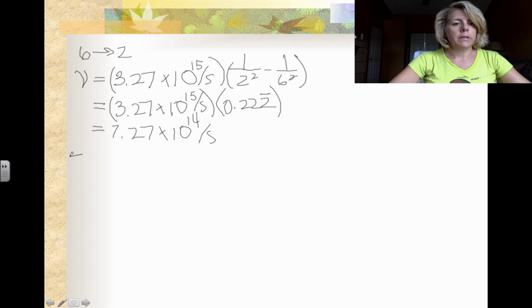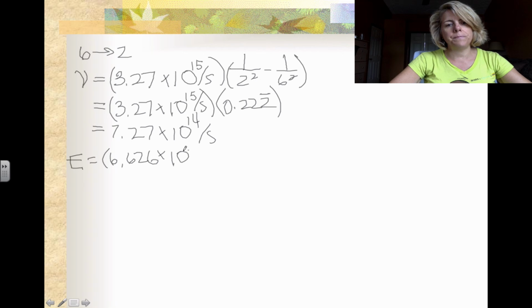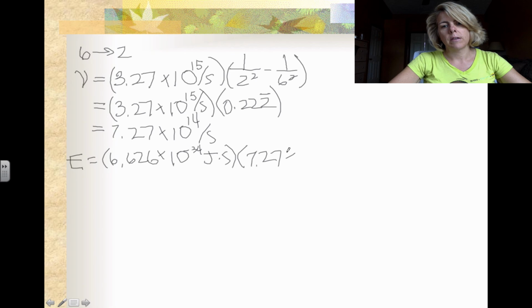Then you want to calculate the energy. So E equals h nu. So 6.626 times 10 to the negative 34th joules per second times the frequency that you just calculated, which is 7.27 times 10 to the 14th cycles per second.